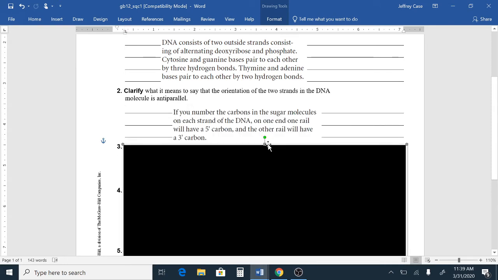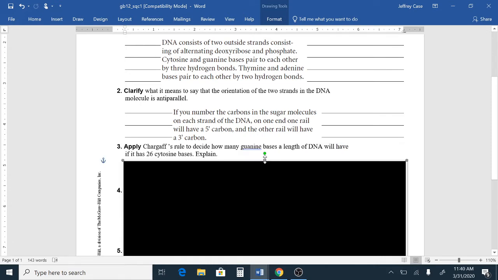If you number the carbons in the sugar molecules on each strand of the DNA, on one end, one rail will have a 5' carbon to start with, and the other rail will have a 3' carbon to start with. So the top will go from 5' to 3', and the bottom will go from 3' to 5'. And that's what it means to be anti-parallel, if you want to call it that.